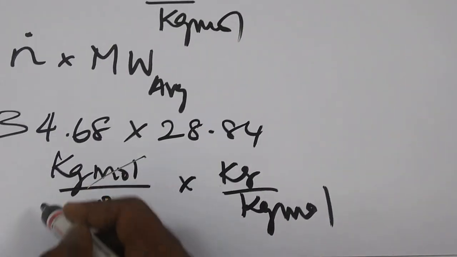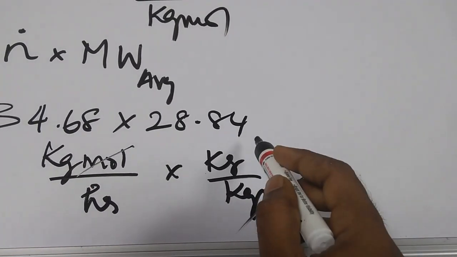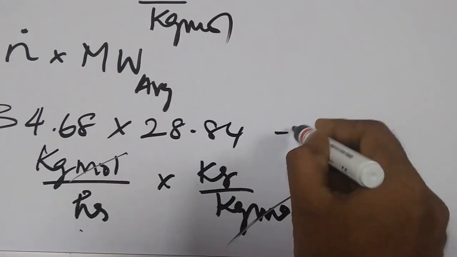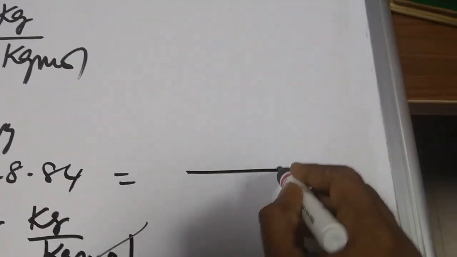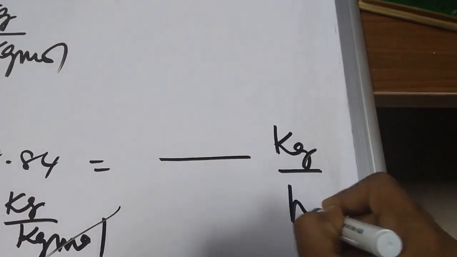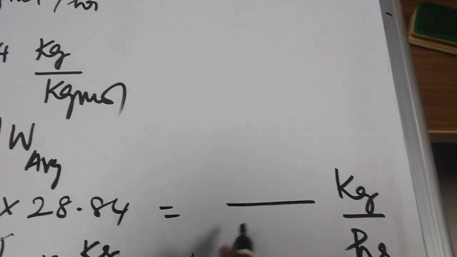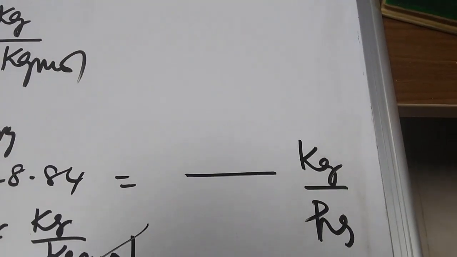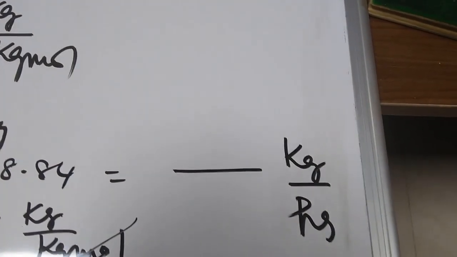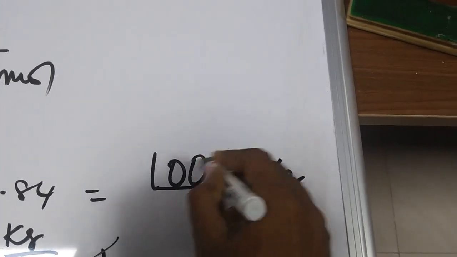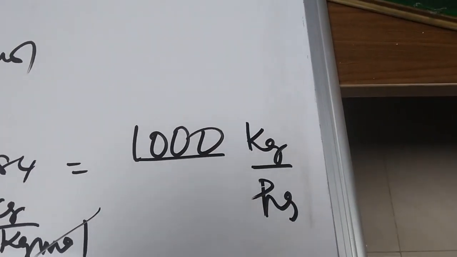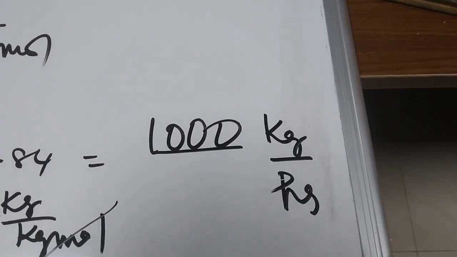So kg mole gets cancelled, and we get the answer in kg per hour. So what is the value? Please use your calculator. 34.68 into 28.84, we will get around 1000 kg per hour. So that is the answer.